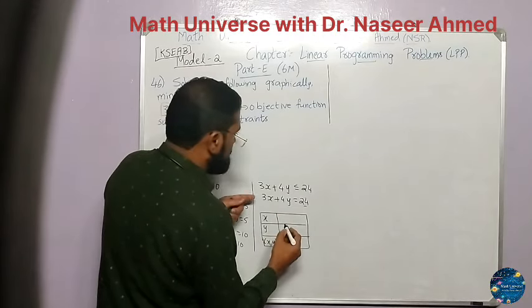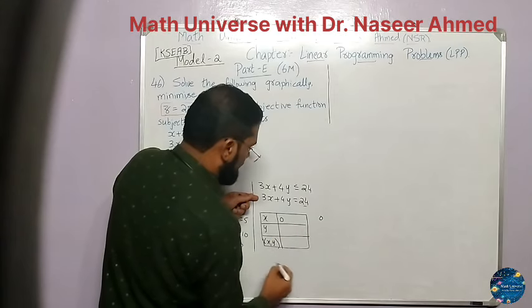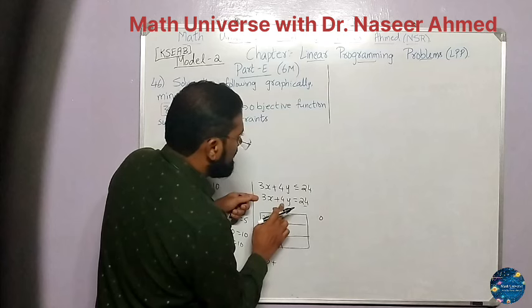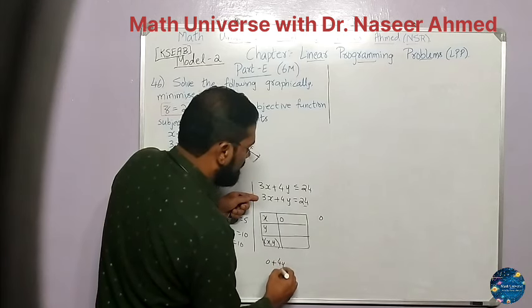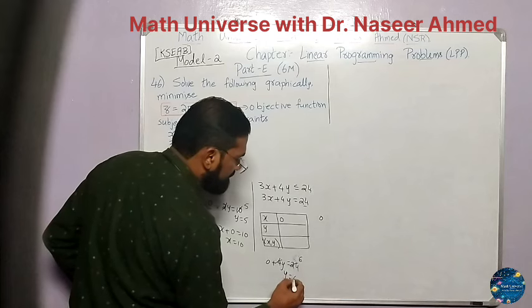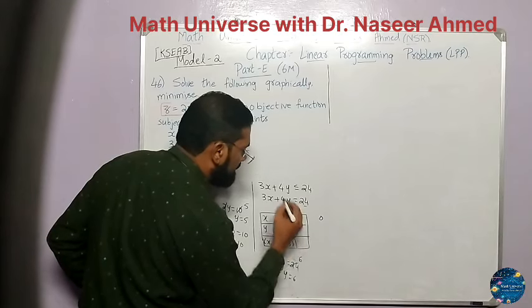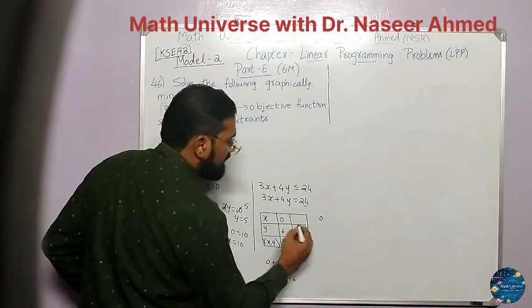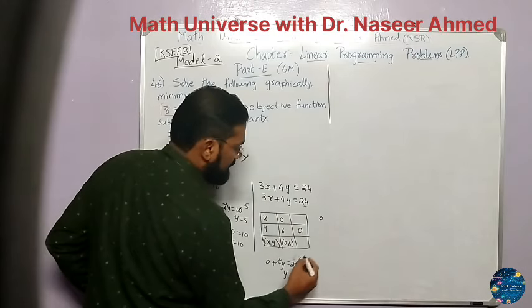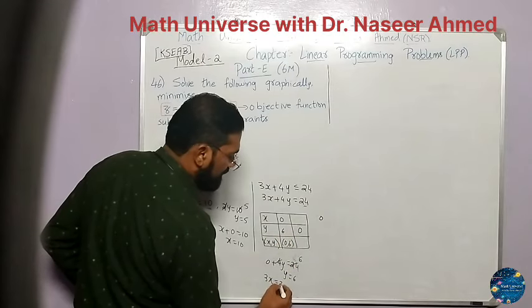So again, when x is equal to 0 here, 3 into 0 will be 0. Write it here. Then plus 4y is equal to 24. 4 sixes are 24. So y is equal to 6. Then when y is equal to 0, 4 into 0 is 0, so we just have 3x is equal to 24.